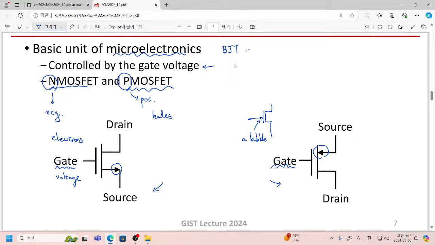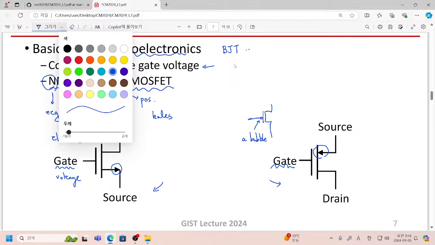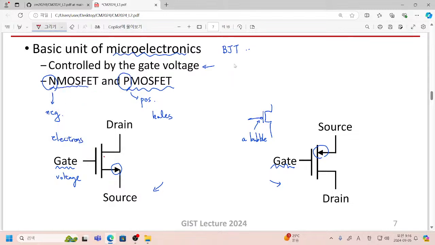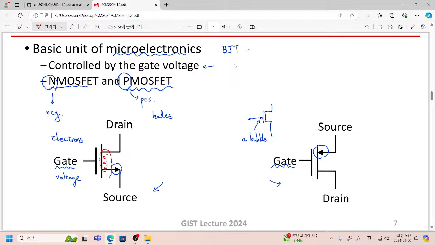For example, when we have a sufficiently high gate bias on this N MOSFET, then as all of us already understand, that will induce a gas of electrons. That gas of electrons will be used to conduct current. In the case of the P MOSFET, if we apply a high enough gate voltage, nothing happens.